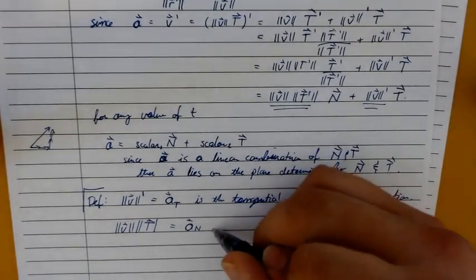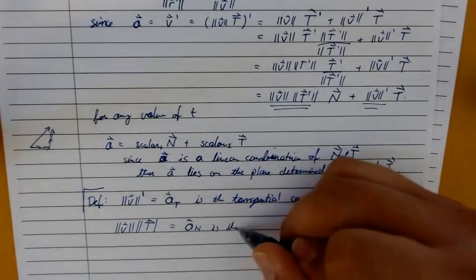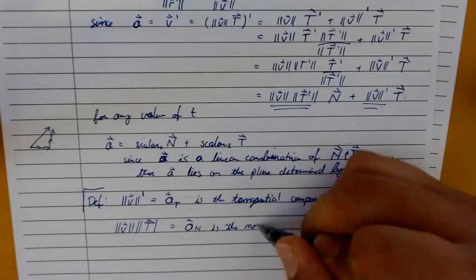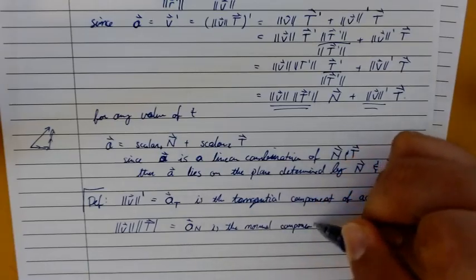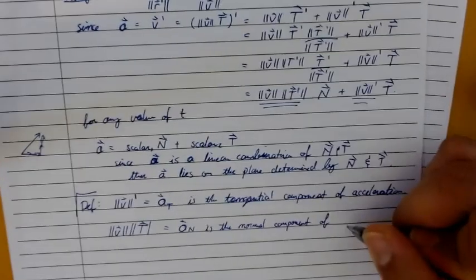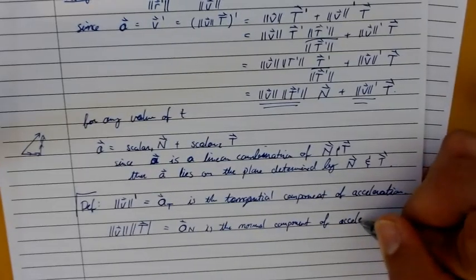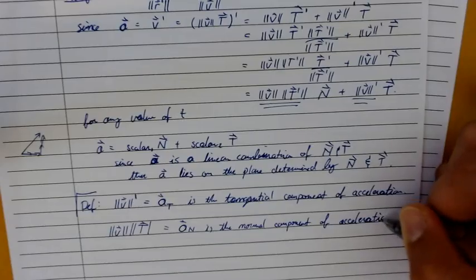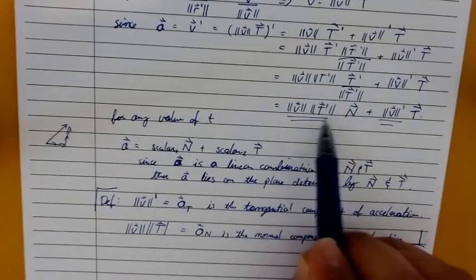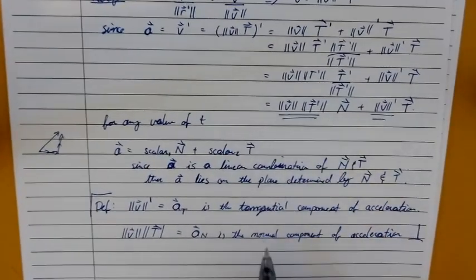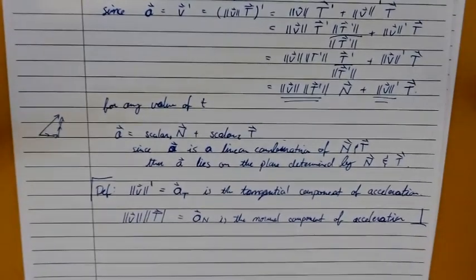This is referred to as the normal component of acceleration, as it gives the coefficient of the normal vector, the component that's normal to that acceleration.